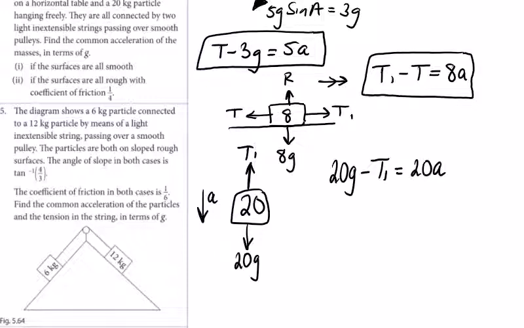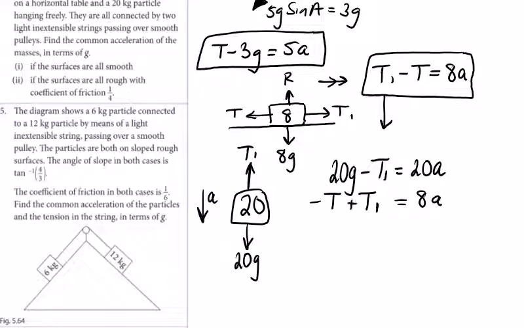And if I line all of these up, they should cancel off. Have I got a minus? I have a plus T1, yeah, I do. I have a minus T1 plus T1, so T1 minus T equals 8a.